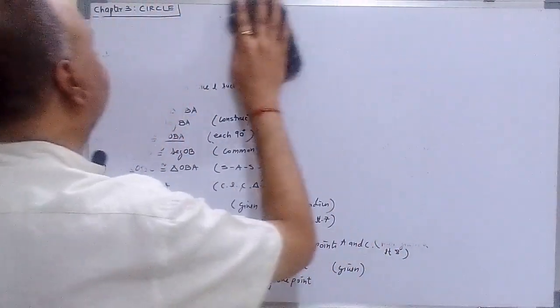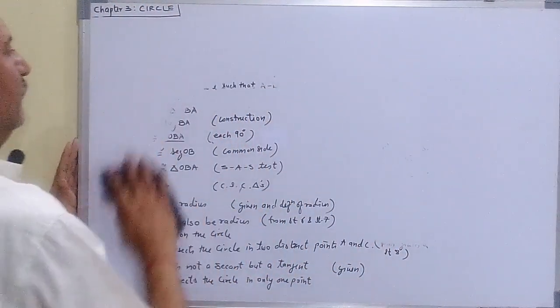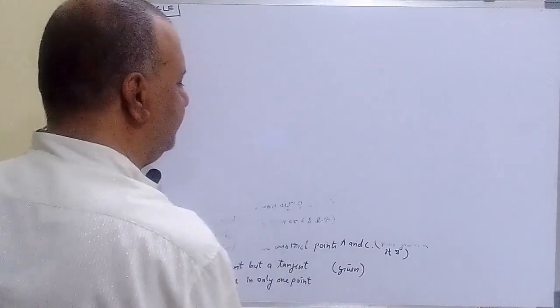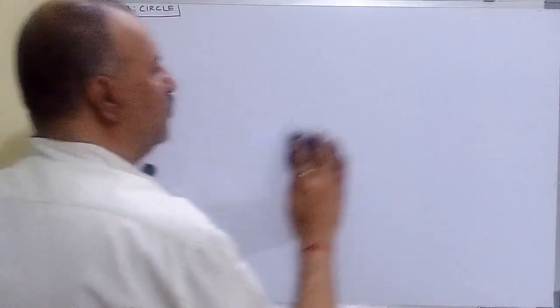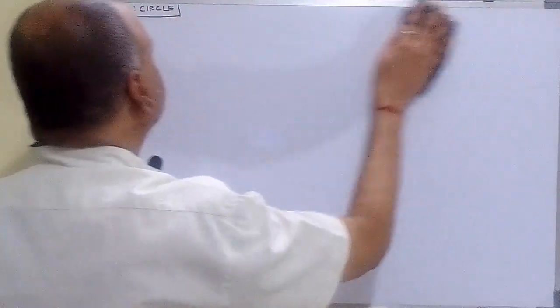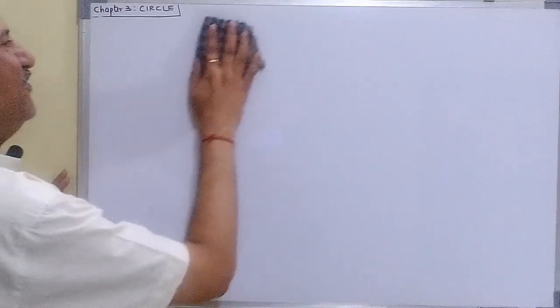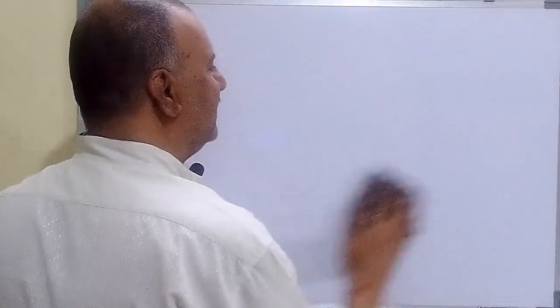चलो. We go to next theorem पे जाते हैं, और दो थियरम है अपने, उसके बाद 3.1. हम कह सकते हैं, we can say this chapter is based on a lot of concepts of circle.